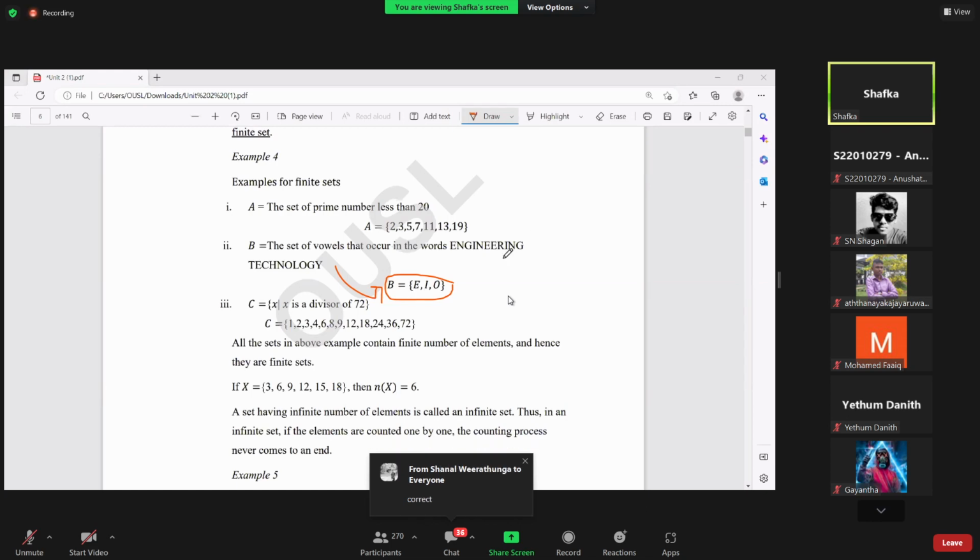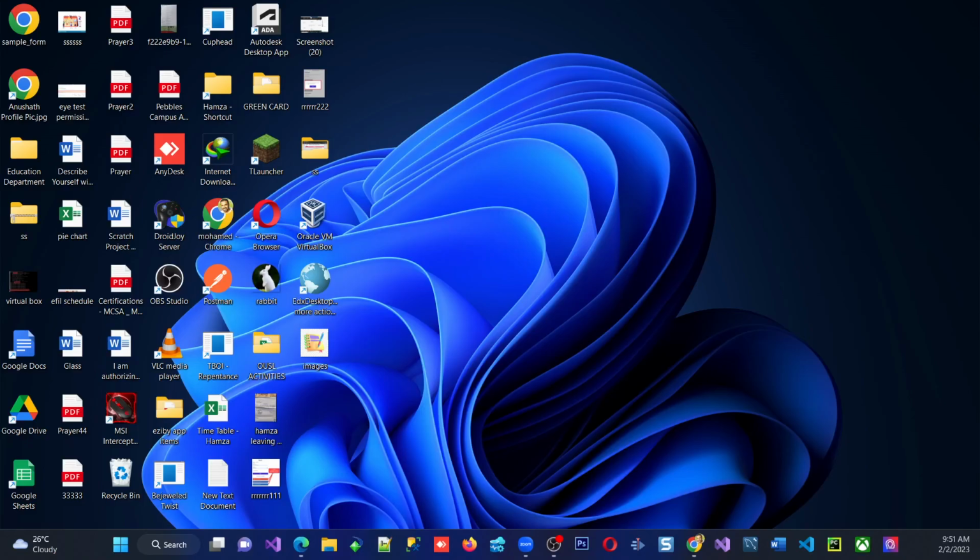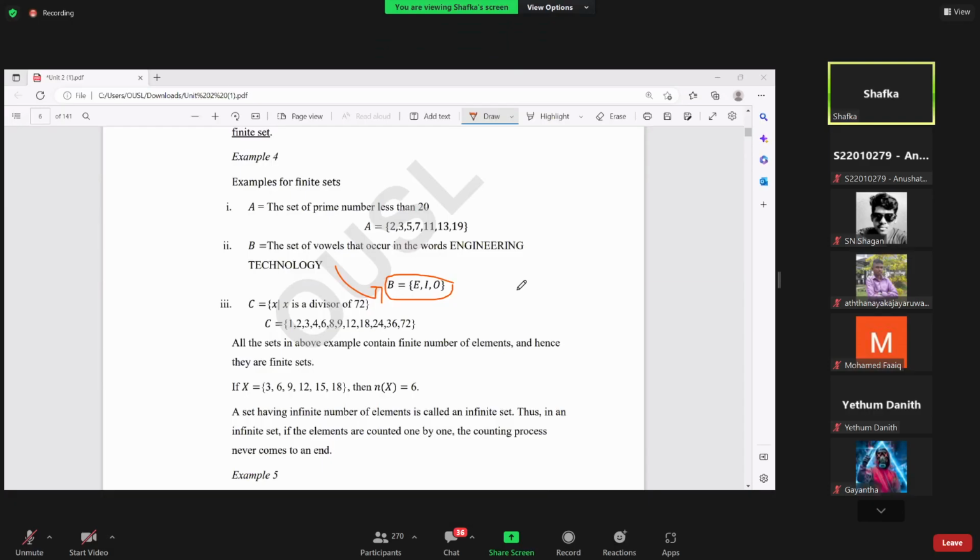Correct. Yes. Someone says the element should be in lowercase. Yeah. When we are considering the general ones, we are writing the letters or elements in lowercase. But this specifically says that in these two words, you have to identify the vowels.